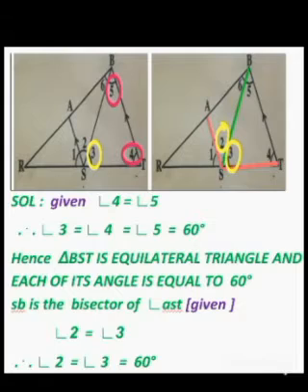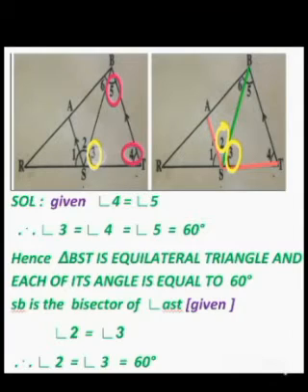So let us move to the solution, children. What they have given in the question, angle 4 is equal to angle 5, isn't it? So children, you observe here, if two angles are equal, then they are equal to the third angle also.